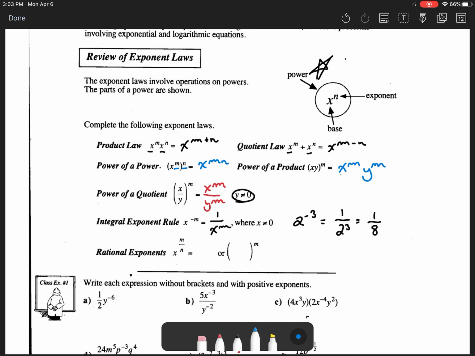Now, rational exponents, basically referring to the fact that your exponent is a rational expression, m over n. I can write that two ways. I can say that this is the nth root of x to the exponent of m, with m underneath the radical sign. Or I can say it's the nth root of x, all to the exponent of m. Both of those calculations will give me the same numerical value.